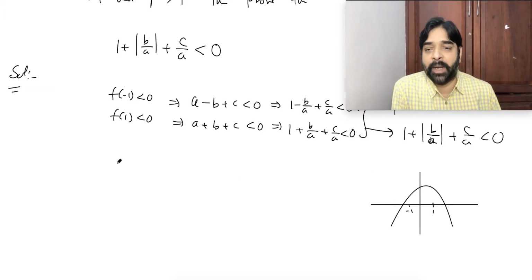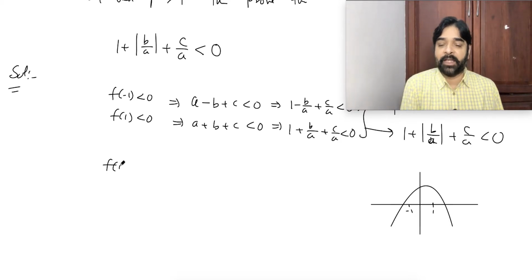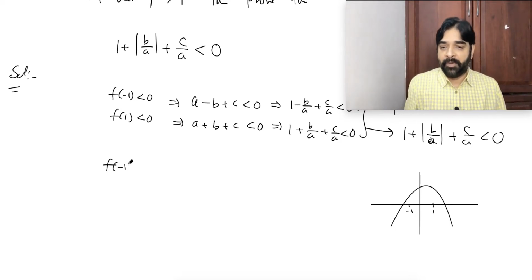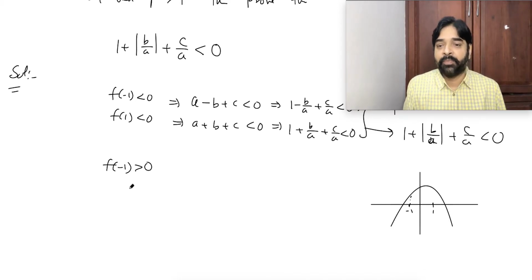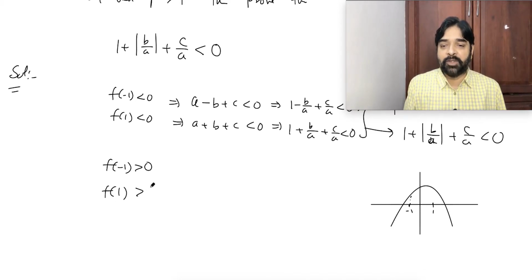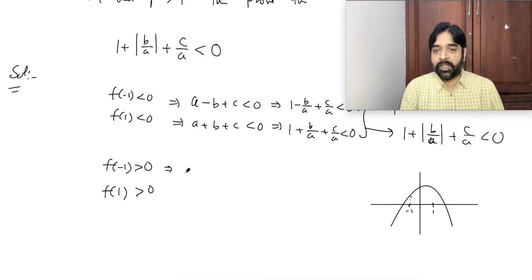So corresponding to minus 1, f of minus 1 must be greater than 0, and f of 1 will also be greater than 0. So f of minus 1 greater than 0 means what? A minus b plus c greater than 0 and a plus b plus c greater than 0.